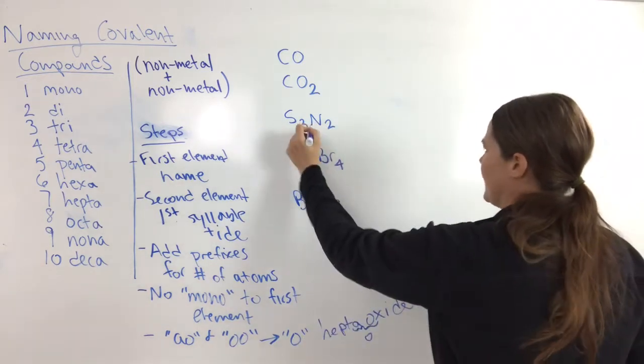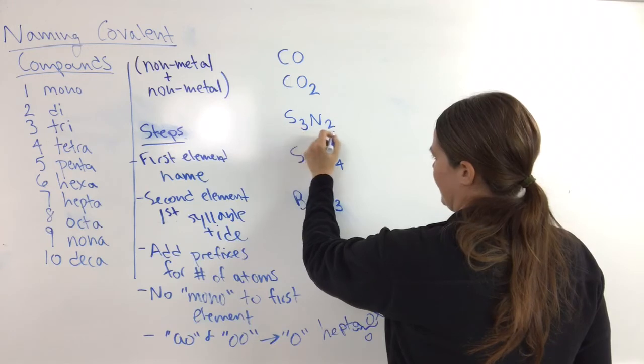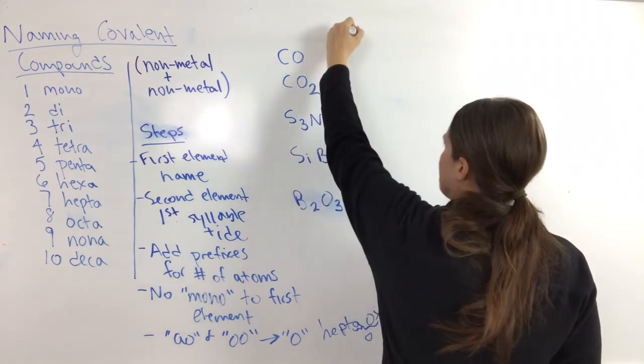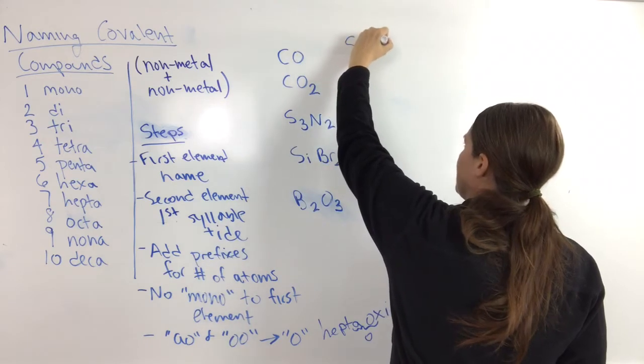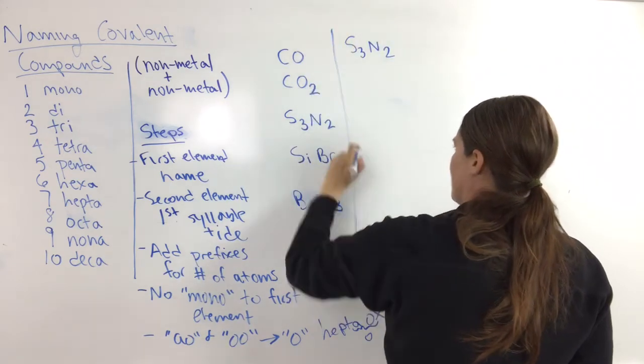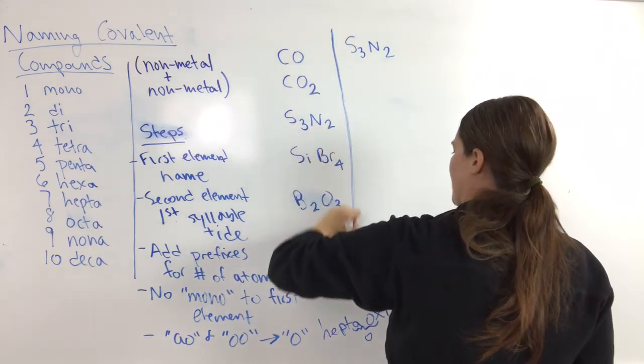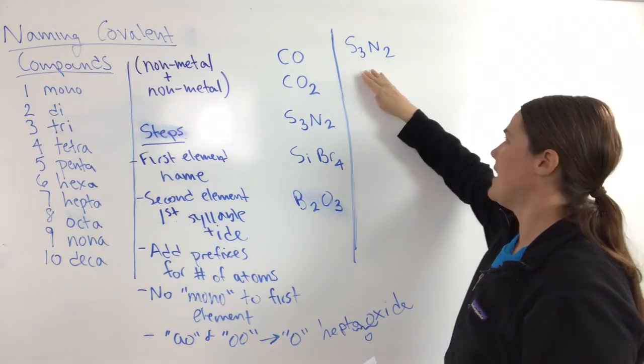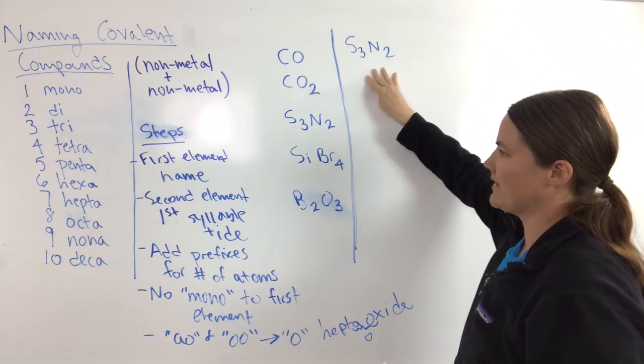I'm going to start with this one, the sulfur and nitrogen compound, S3N2. We have this compound and we want to name it. First we figure out whether this is an ionic or a covalent compound.